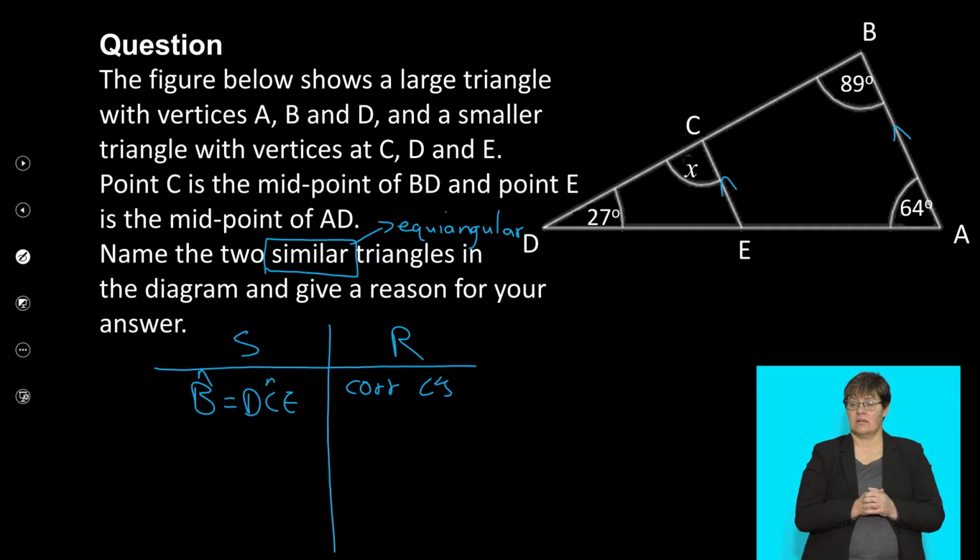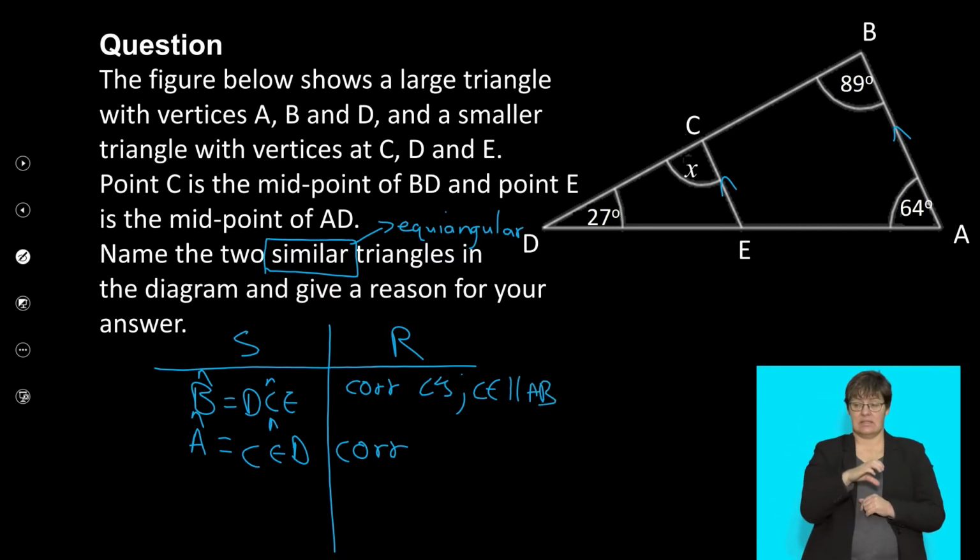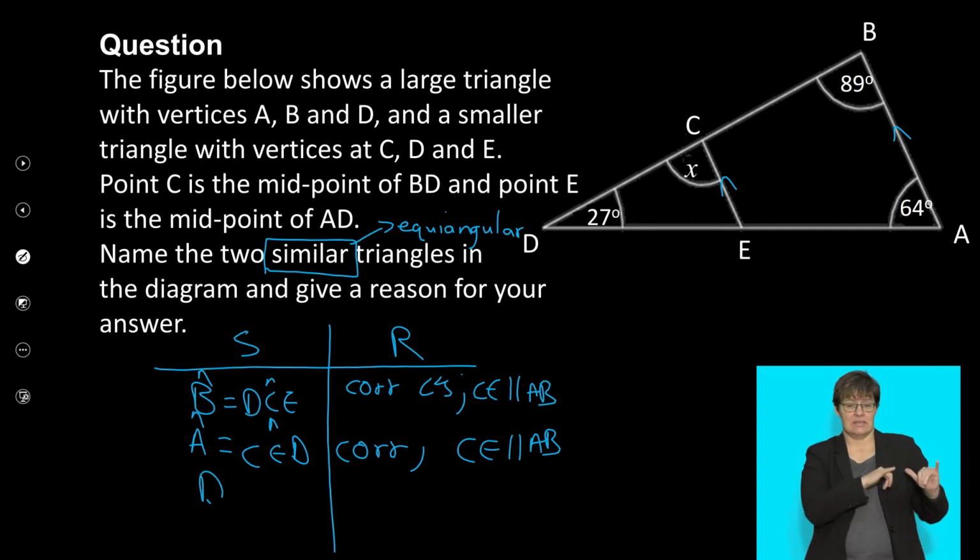And then I also know that my angle A will be equal to my angle CED. That is also corresponding angles. Please remember to indicate the parallel lines. CE is parallel to AB, right? And then lastly, you will just say D is common.